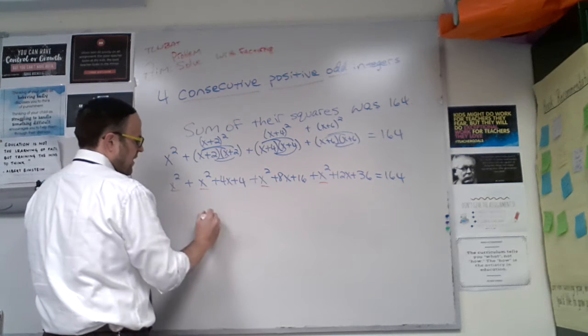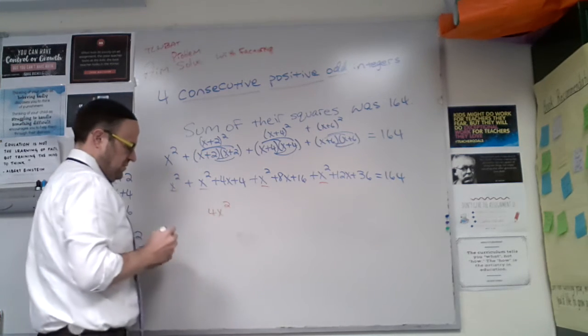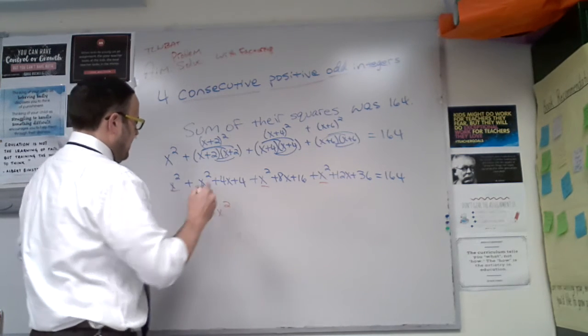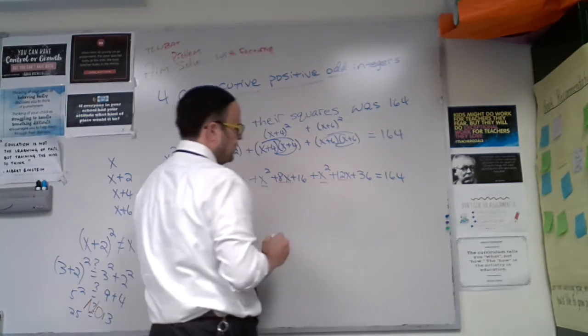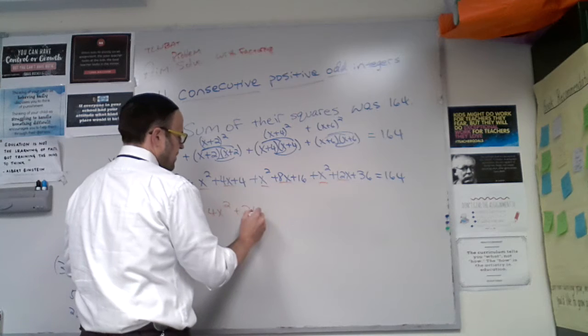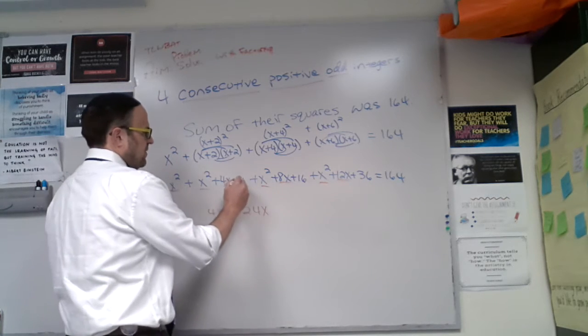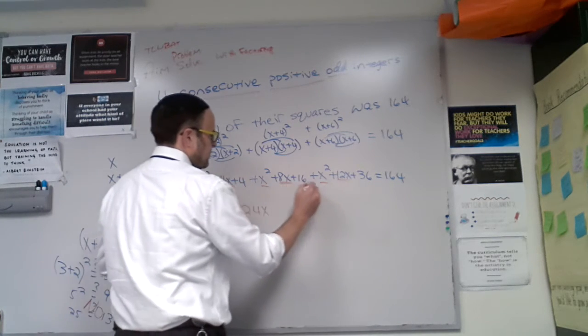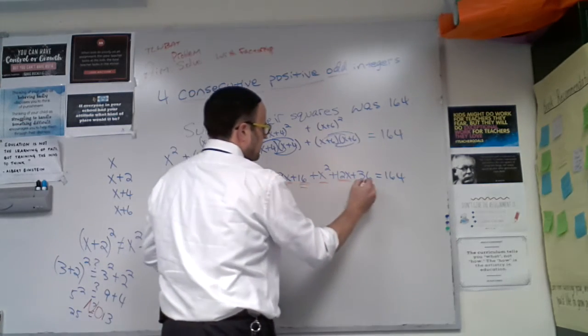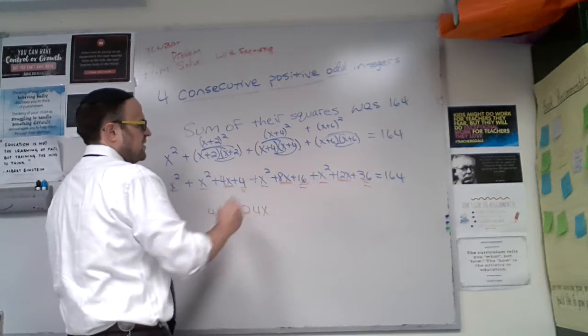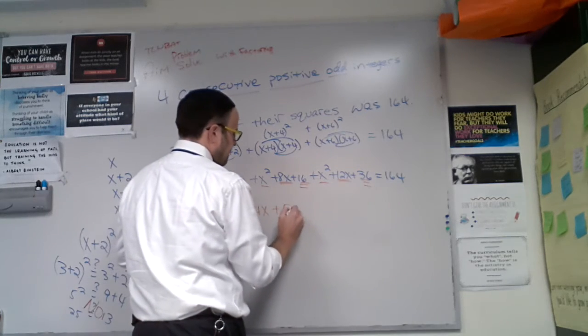I have 4x squareds, and I have a 4x, an 8x, and a 12x. That's going to give me 24x. 2 marks there. 3 marks. 4 plus 16 is 20, plus 36 is 56.